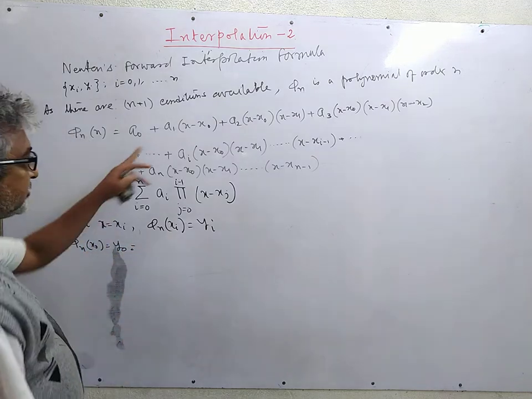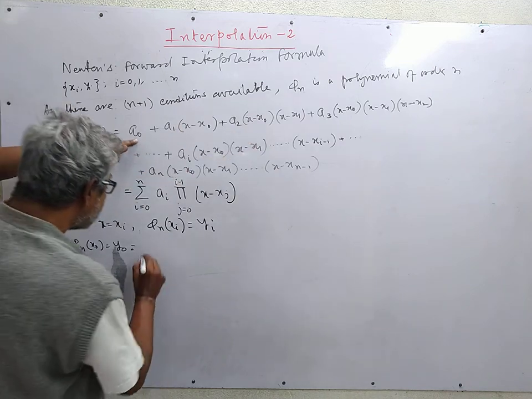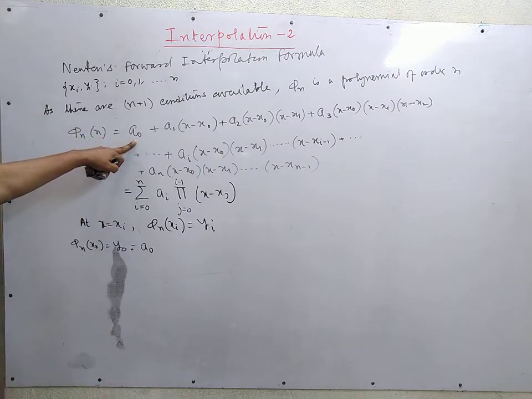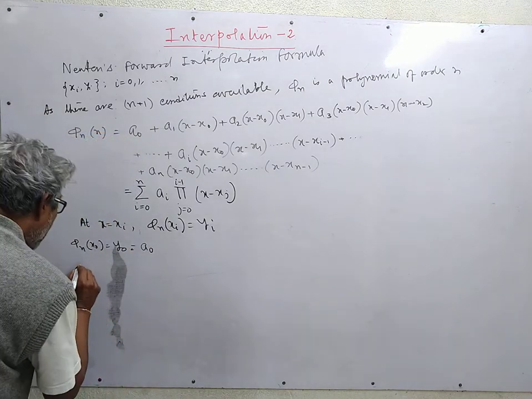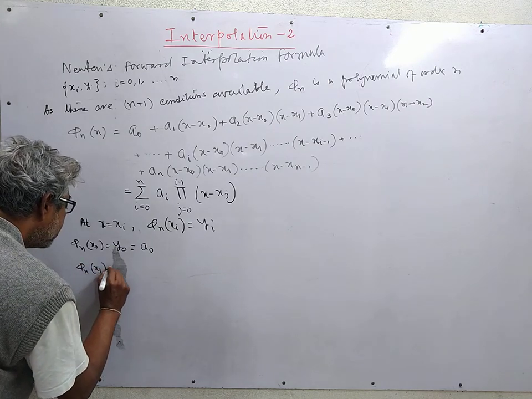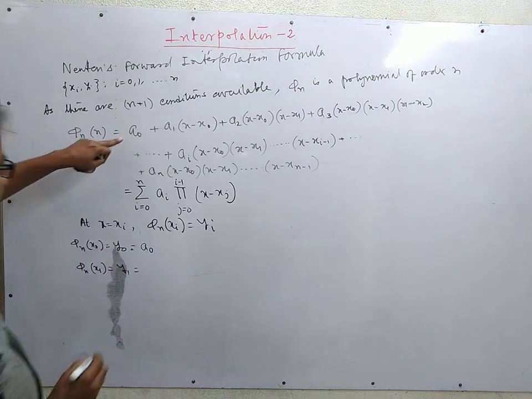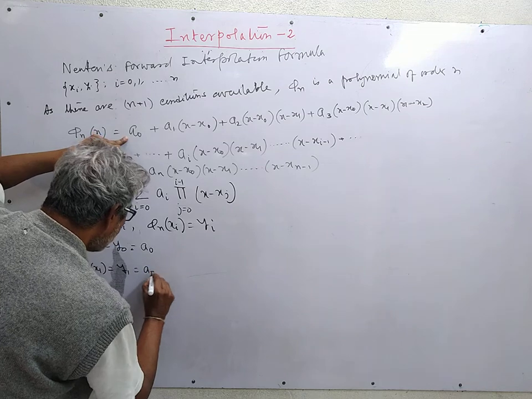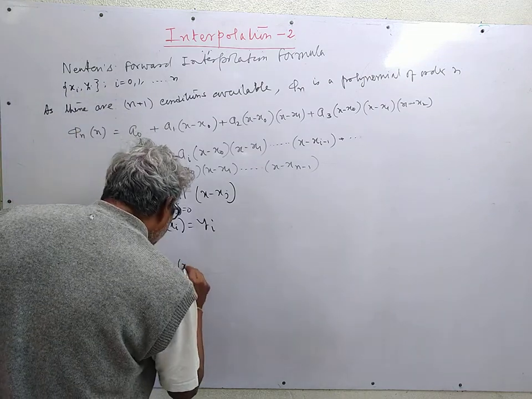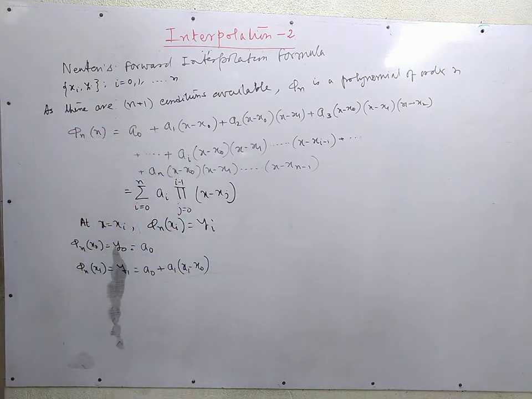If we put x is equal to x0, we see that all the terms except the first one vanish, so we get a0 as y0. Now we come to phi n of x1, this is y1. If we put this value over there, it is a0 plus a1 times x1 minus x0.